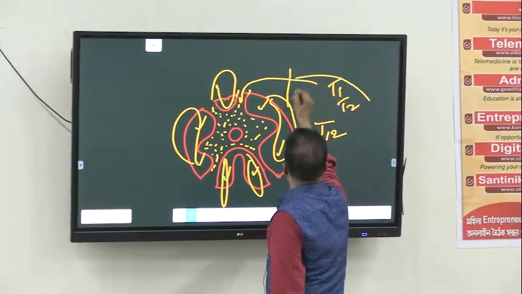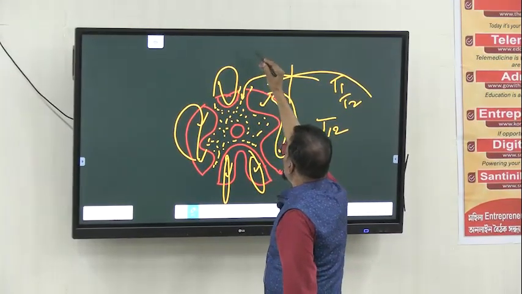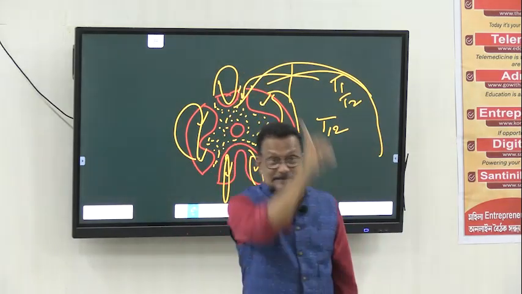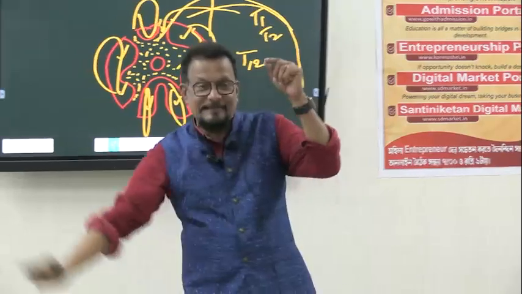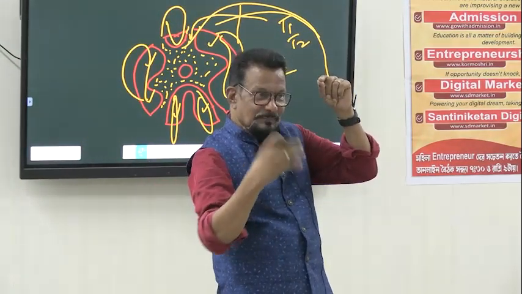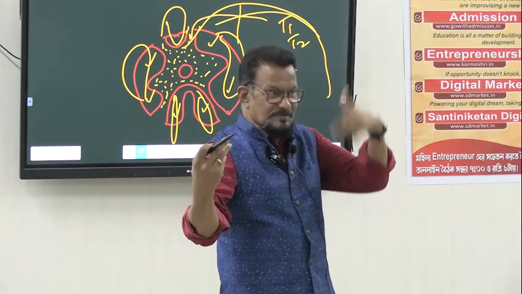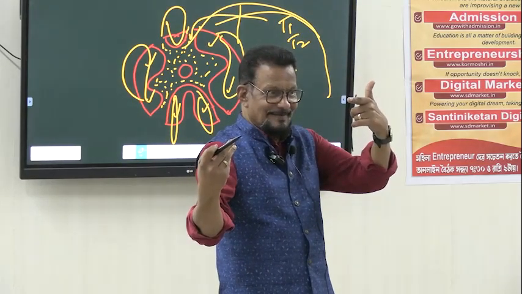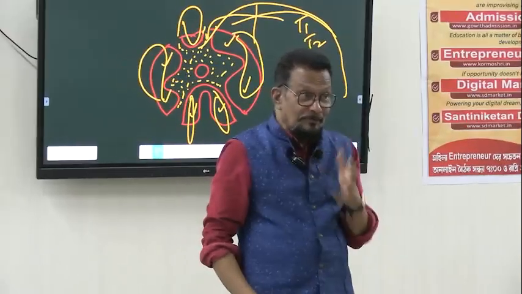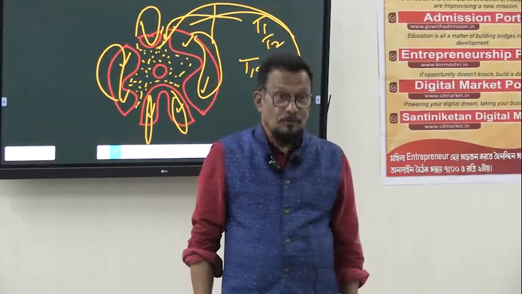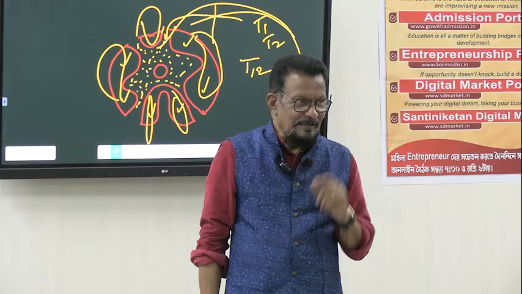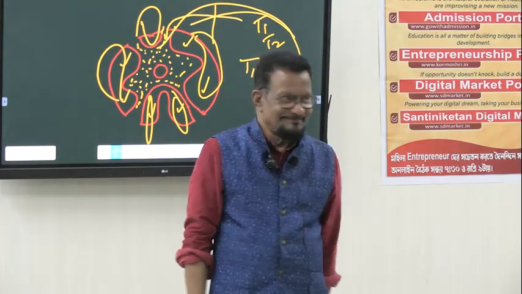These nerves which are sending sensation to the brain are myelinated, and their myelin sheath is removed because of deficiency of vitamin B12. That's why those who suffer from neuropathy, we ask them to take vitamins B2, B6 and B12.